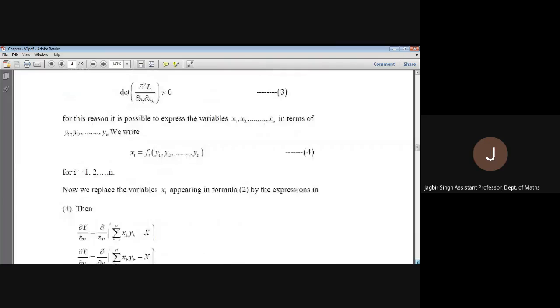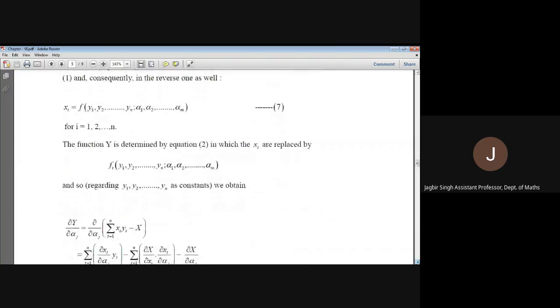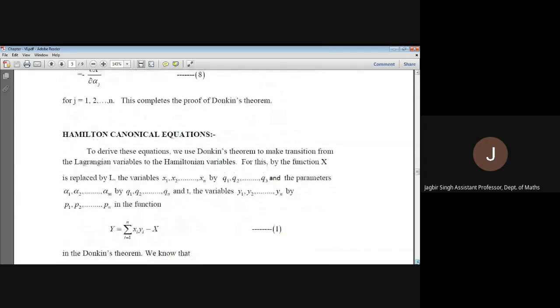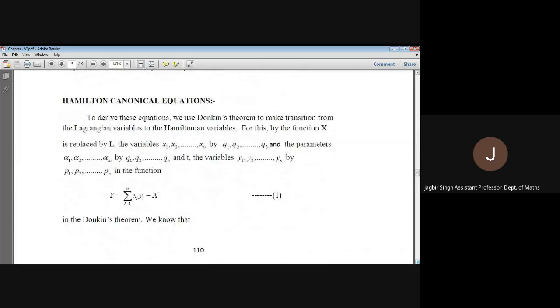So let's try to find out the Hamilton canonical equations. It is stated here that x1, x2, xn will be replaced by q1, q2, qn. Alpha 1, alpha 2, alpha m will be replaced by q1, q2, qn and t. y1, y2, yn will be replaced by p1, p2, pn. And the y, it was minus summation i from 1 to n xi yi minus x.